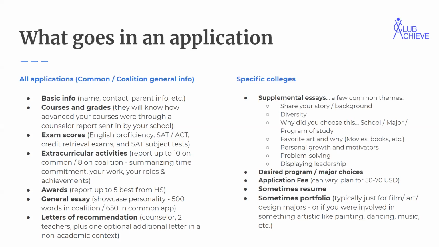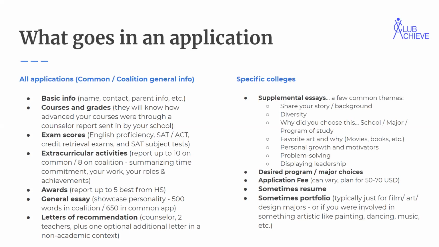And then the last component is something that you're not necessarily going to get to see. These are your letters of recommendation, and most colleges are going to want letters of recommendation from you. So you need to ask both your counselor as well as some teachers for these, because this allows colleges to understand how others perceive you in an academic environment, both academically, although there's not a big focus on that in these letters, and also just how you are in the classroom and in the community.